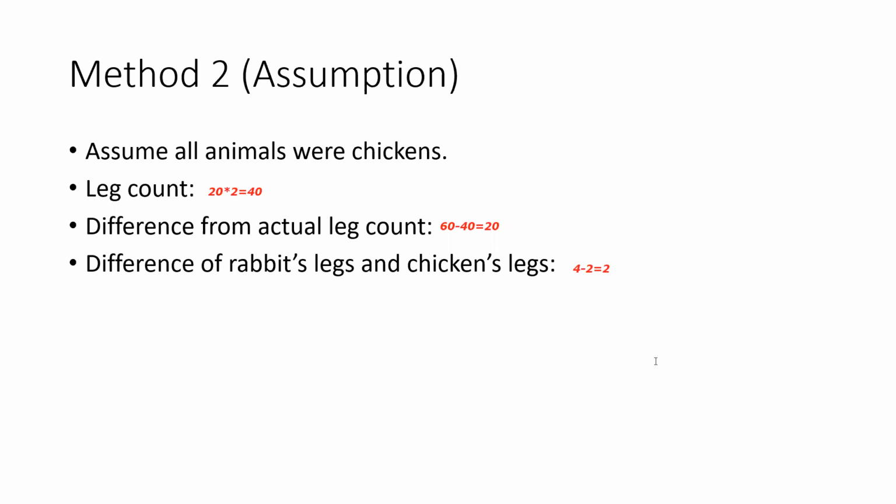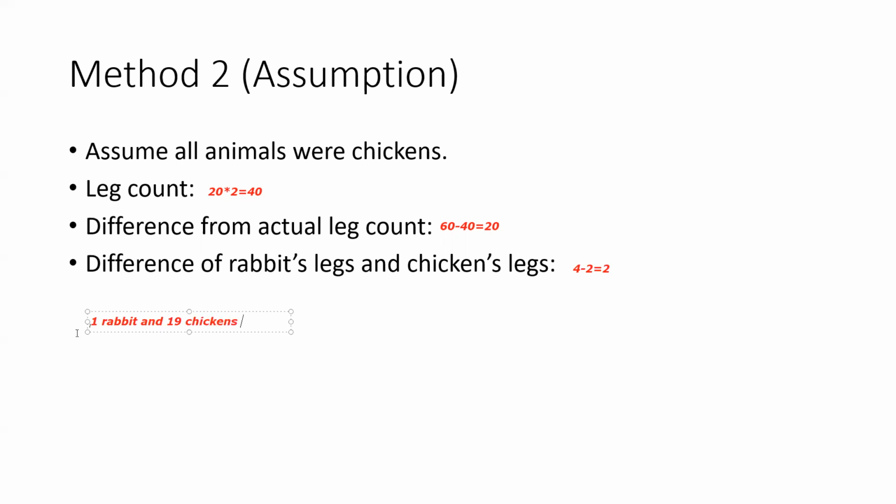All right. So after knowing this, what now? Well, here is the magic. We know that the difference is 20, and the difference between a rabbit's legs and a chicken's legs is 2. So when we replace one chicken with one rabbit, we add 2 legs. Am I right? For example, now there is one rabbit and 19 chickens.